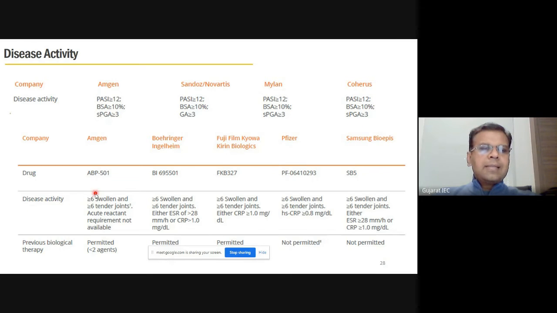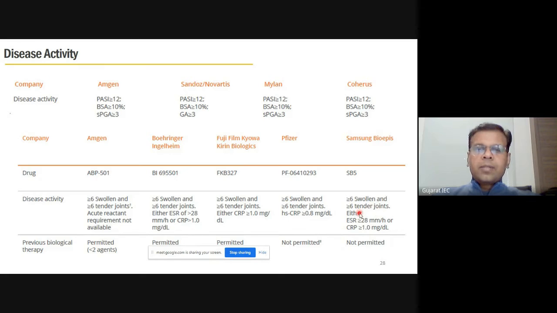On the same lines, if we consider the disease activity here, they are looking at joints, I mean, swollen joints because of rheumatoid arthritis or the tender joints. Their number is nearly more than 6 to be part of the study. When it comes to other companies, they are also looking at CRP, C-reactive protein, as one of the factors which could be used for enrollment of the study.